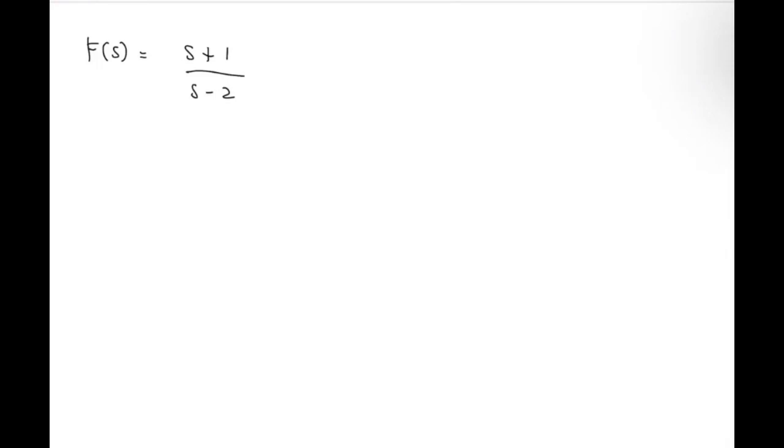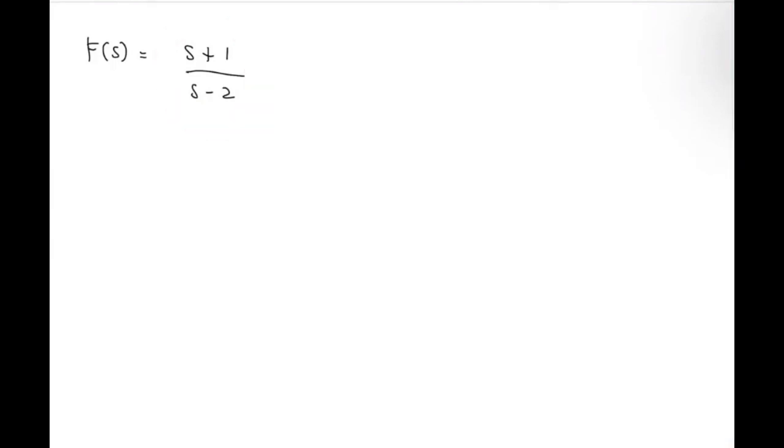Why? Because the power of the variable s in the numerator is equal to the power of s in the denominator. So we must convert this fraction into a rational fraction.